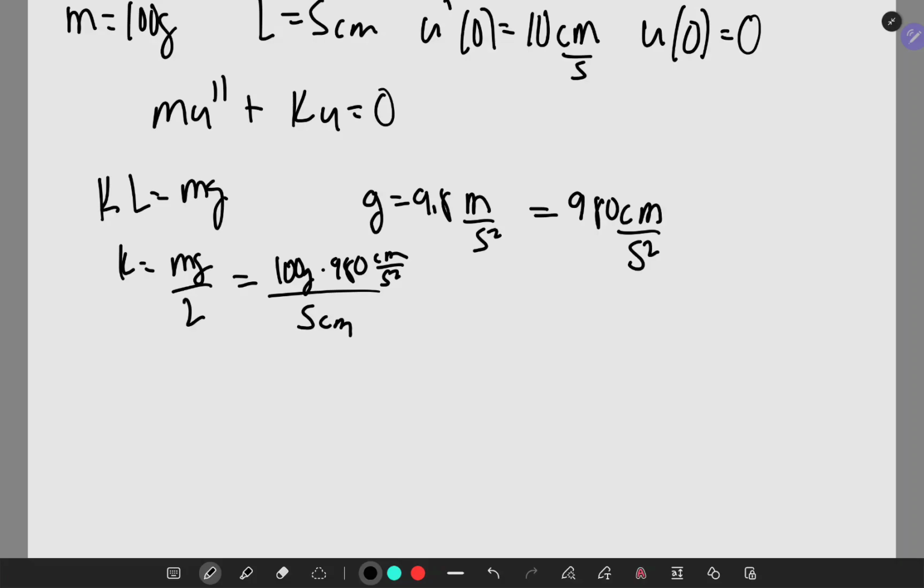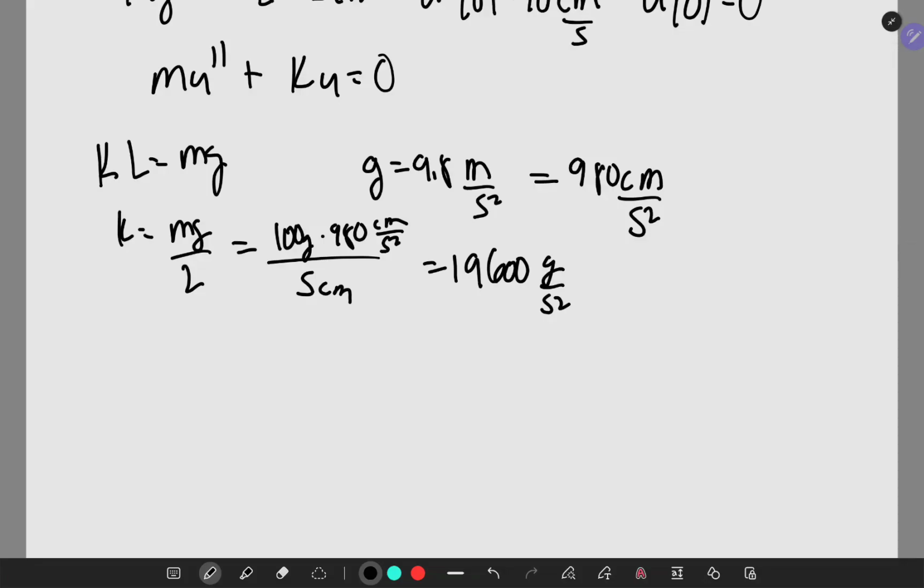If you plug that into your calculator, or if you're good at mental math, 100 times 980 divided by 5 is 19,600. And the units would be grams per second squared.